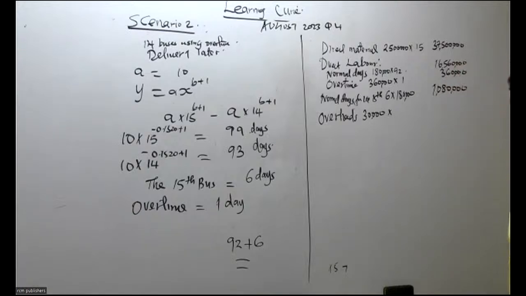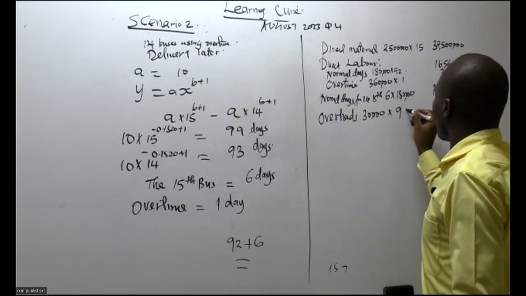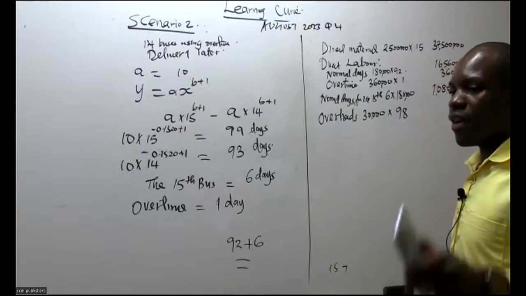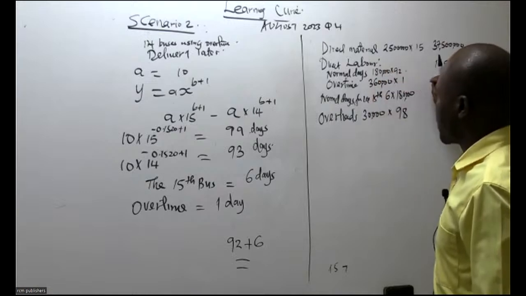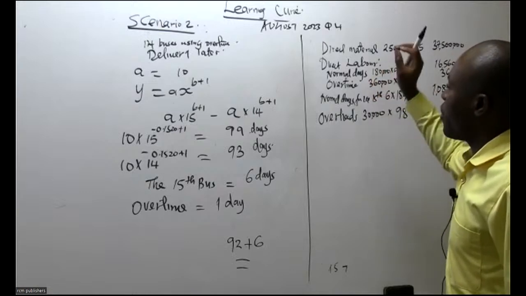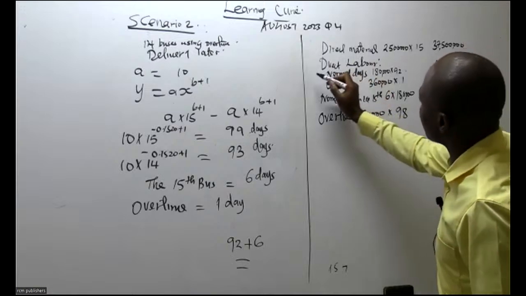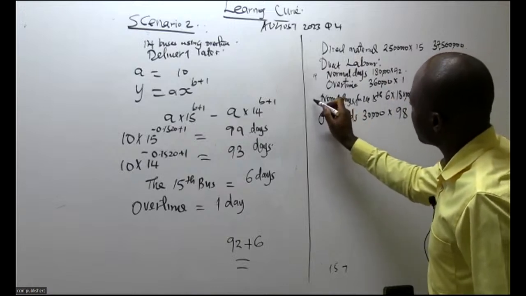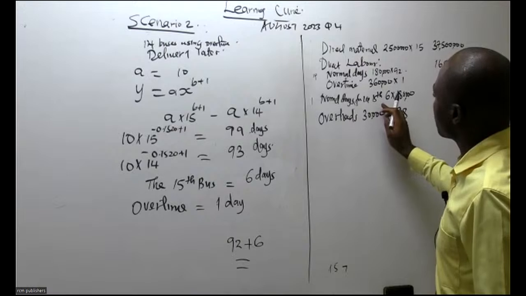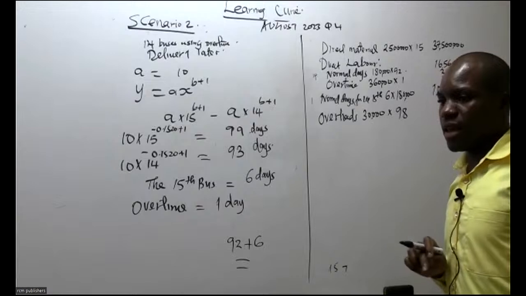So the overtimes will be allocated to 98 days. Another way to identify that, look at your labor hours here, or the labor cost. How many days did you use the 180 rate for? The first one is the normal days for the 14. I used 180. The second one is this one bus, which I used 180. So add 6 plus 92. Is it not giving us 98?